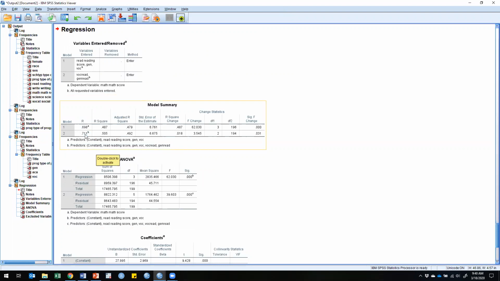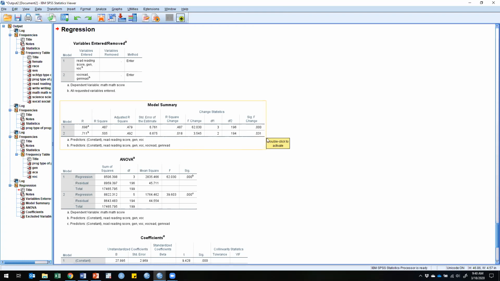Since we're interested in the interaction effect, we're going to really look at this second line, and we're looking at this R squared change. So the addition of the interaction terms explained an additional 1.8% of the variance in math scores. And this increase in variance was statistically significant.